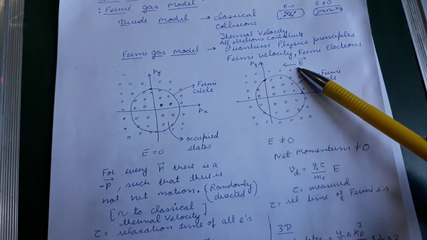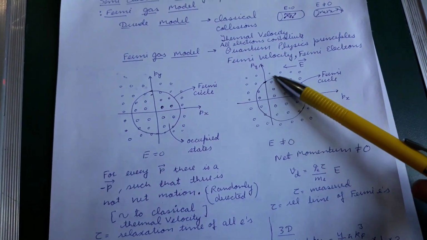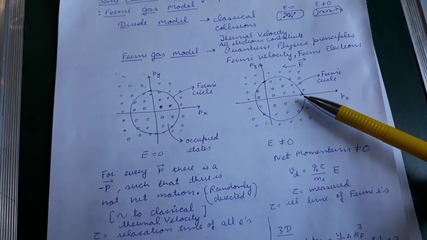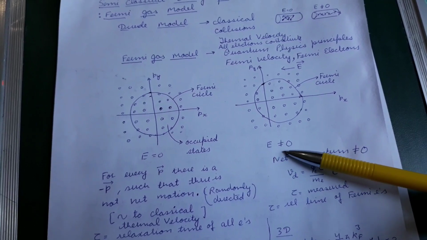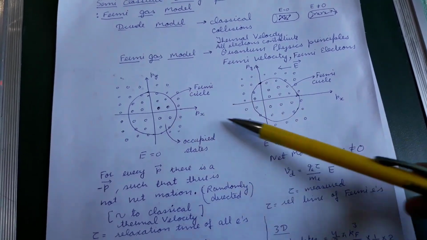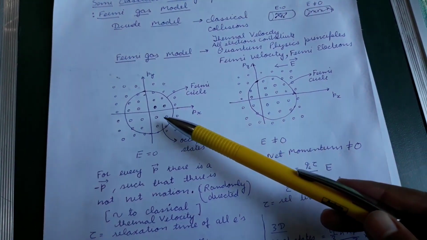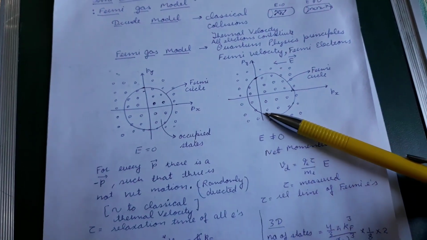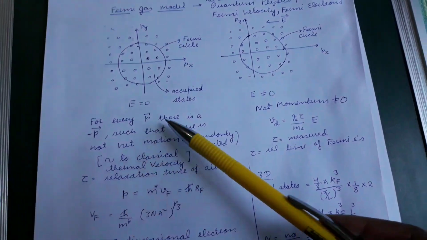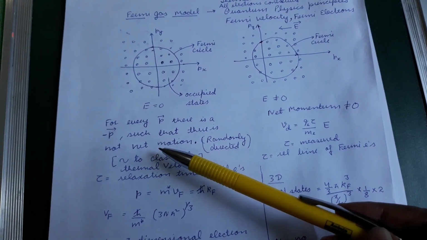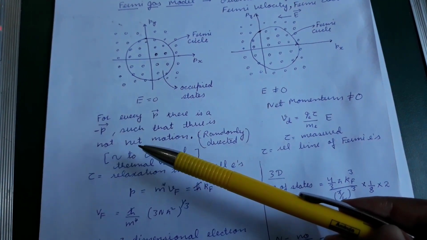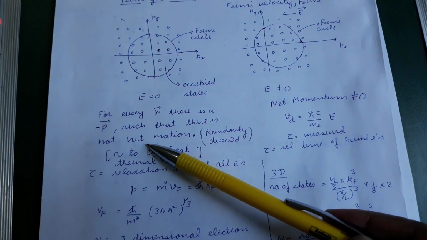But if an electric field is applied, then this Fermi surface will shift in a particular direction, and that will happen when the electric field is not equal to 0. So this is how we represent the motion of electron in momentum space. Because all the electrons will be moving randomly in all the possible directions, the net movement of the electron will be 0.